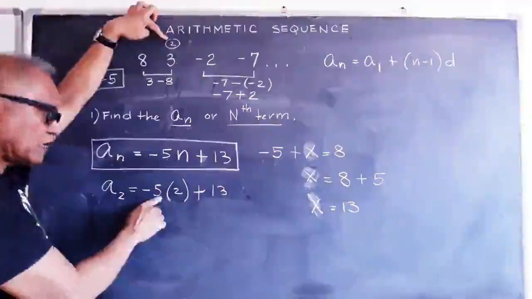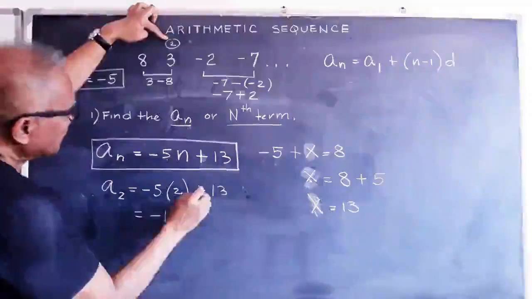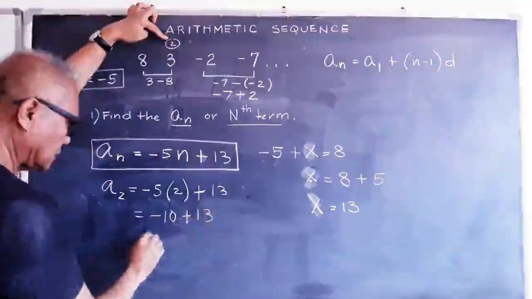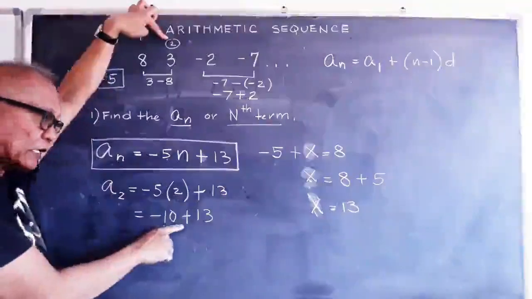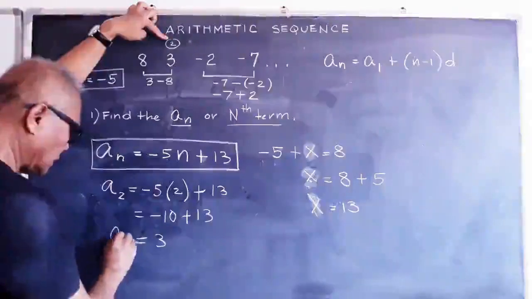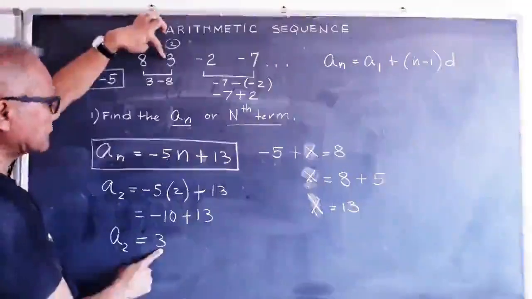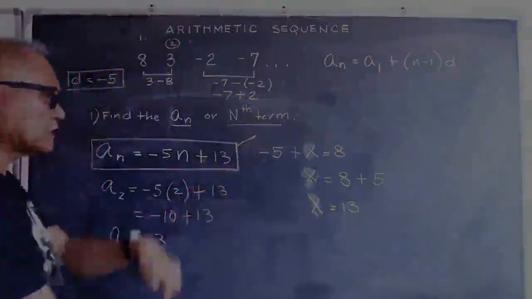So this one is negative 5 times 2 is negative 10 plus 13. And what is negative 10 plus 13? It's 3. So, the second term is 3. Is that 3? Yes. So, our equation is correct.